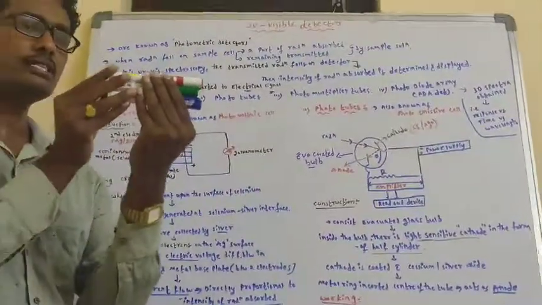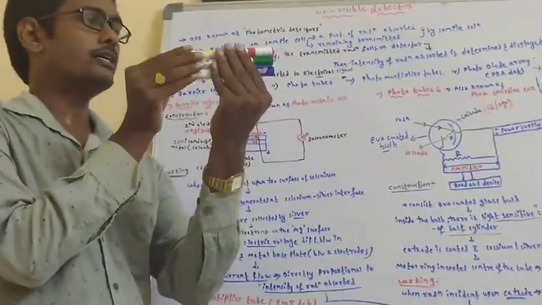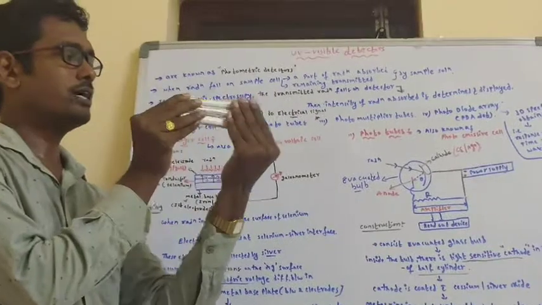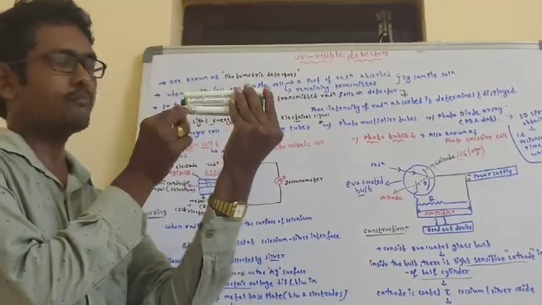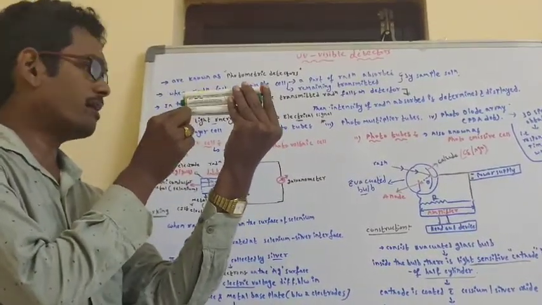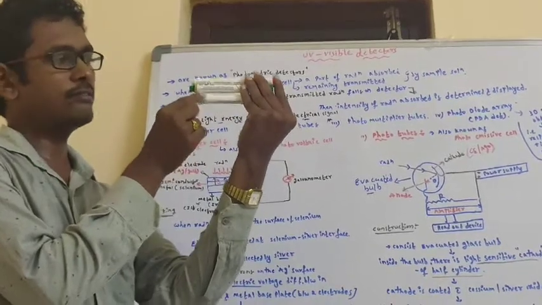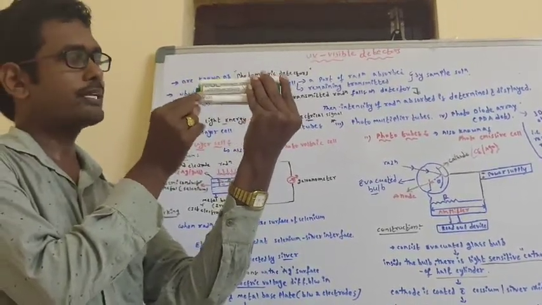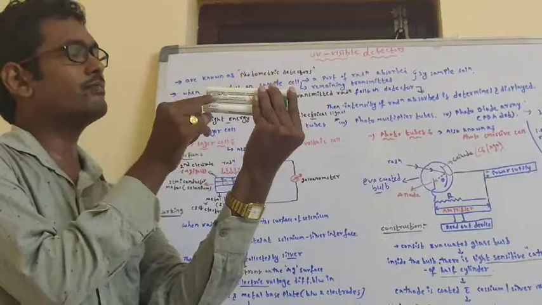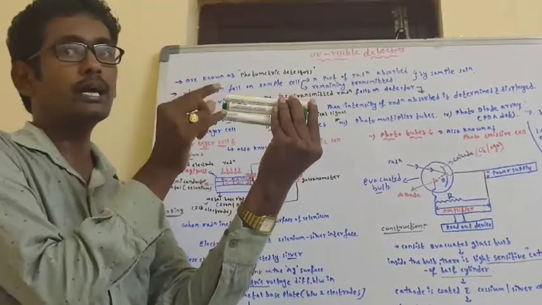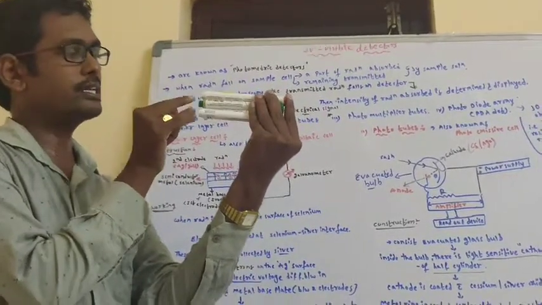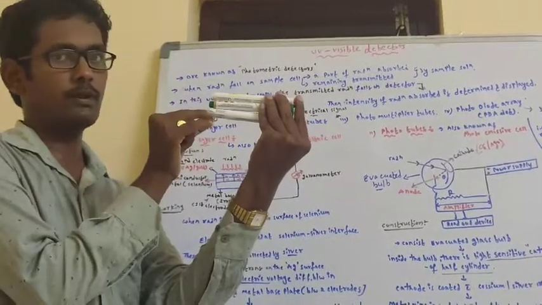The bottom one is the metal base plate, which may be made up of iron or aluminium. It acts as an electrode. The metal base plate surface is covered with a thin layer of semiconductor metal, that is selenium.